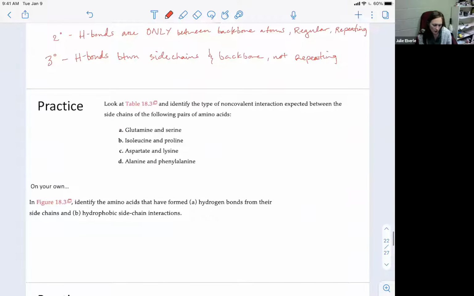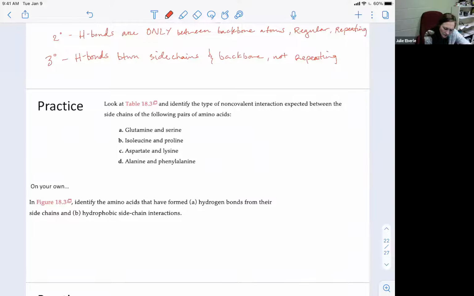All right, a little more practice. Look at table 18.3. That's the table, I believe, with all the amino acids. I didn't put the table number, but it probably is. Identify the type of non-covalent interactions expected between the side chains of the following pairs of amino acids.